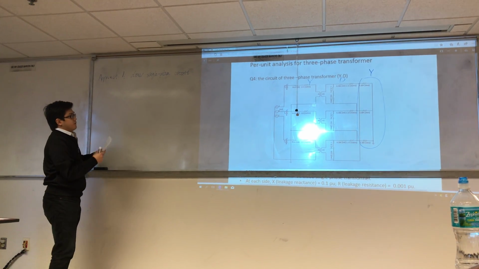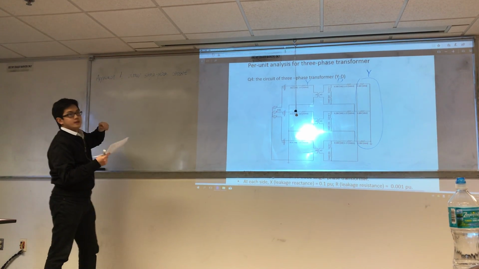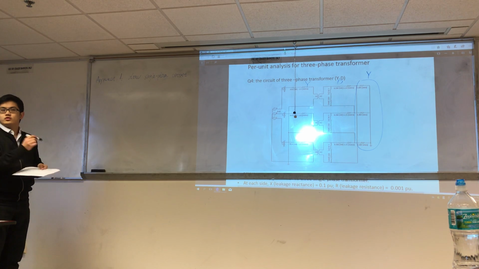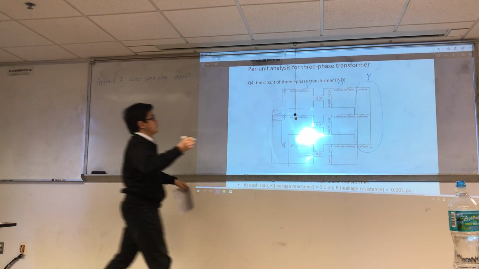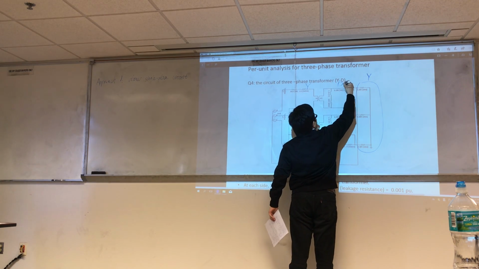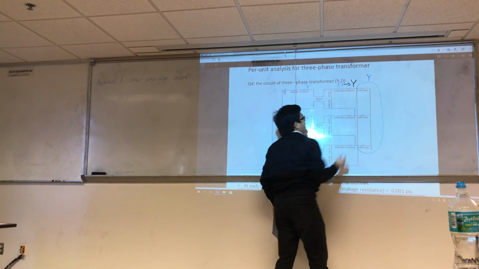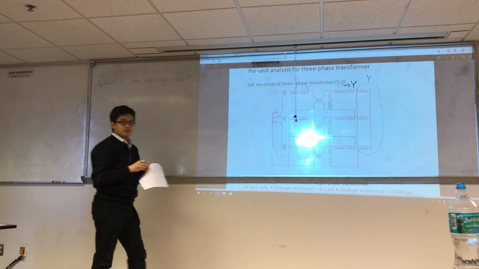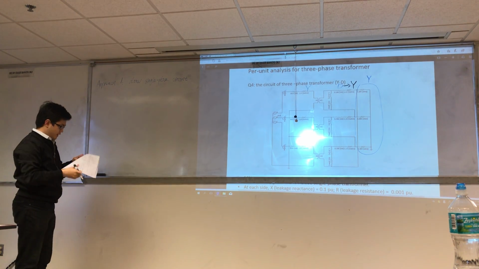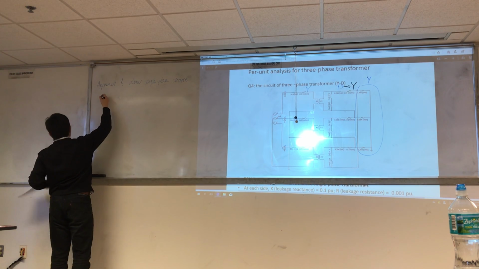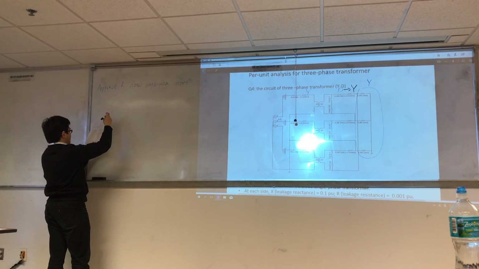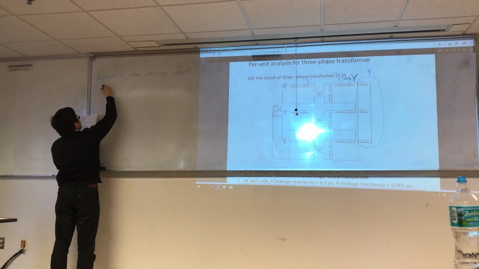Okay, the first approach is to draw the single phase circuit first. If we want to draw the single phase circuit, you need to convert this one to Y connection. So how to do that? Delta to Y, first you need to convert the voltage.